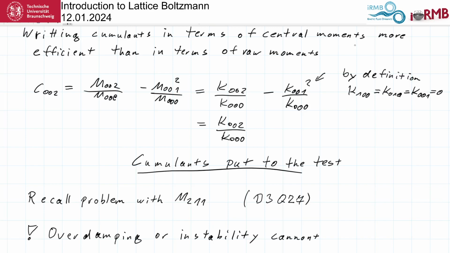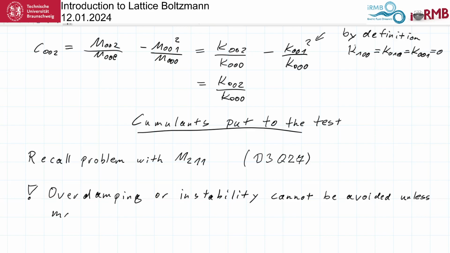So this could not be avoided unless we change the moment to this N211, which we had as N211 minus theta M011.